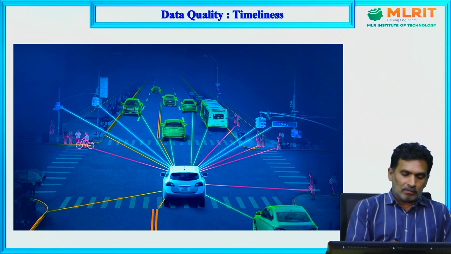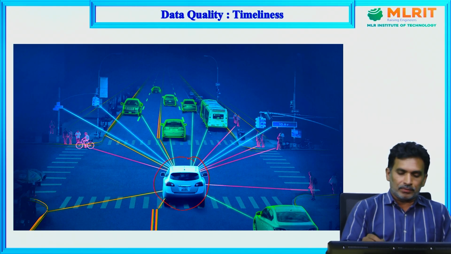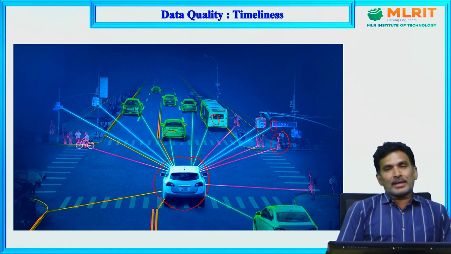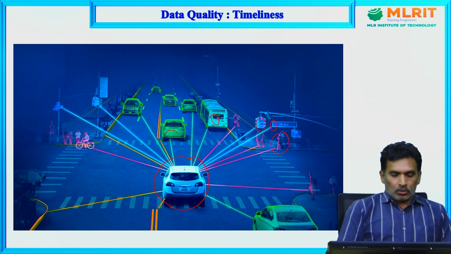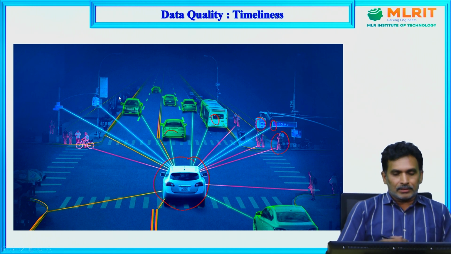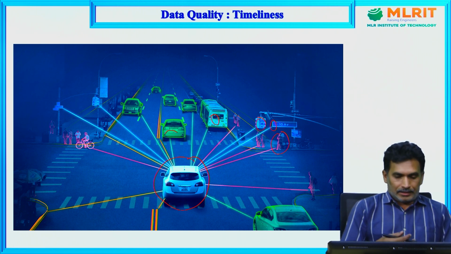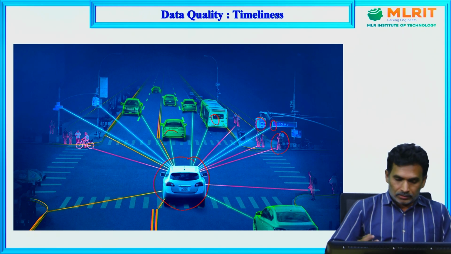This vehicle has to get the information from all its surroundings, like the different objects around it. So it has to get the information on time, so that it can decide to move the vehicle or to stop the vehicle, like any further action that needs to be taken. If there is any delay, it may lead to accidents.